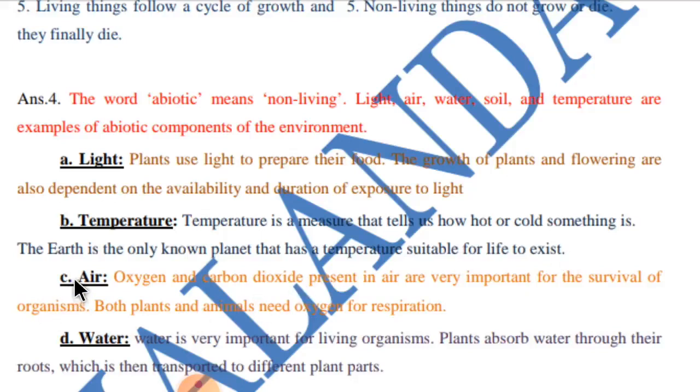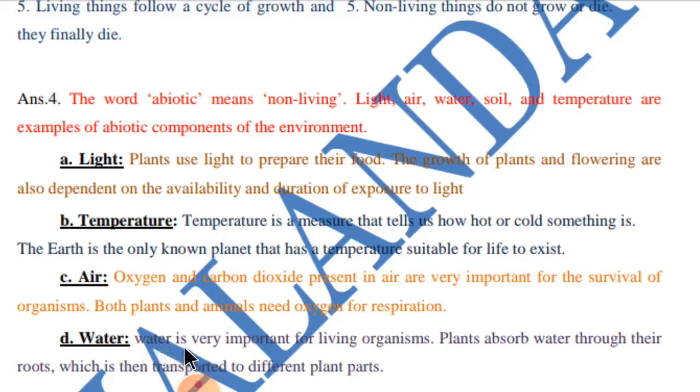Then air. Oxygen and carbon dioxide present in the air are very important for the survival of organisms. Both plants and animals need oxygen for respiration. Then water.